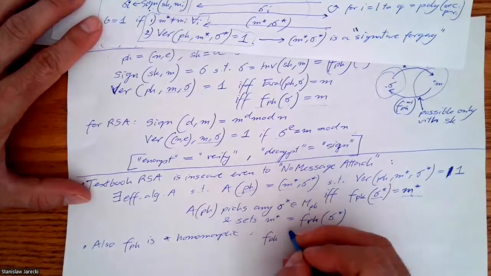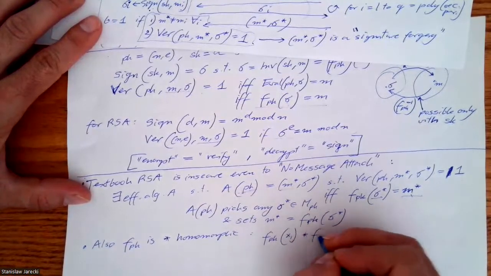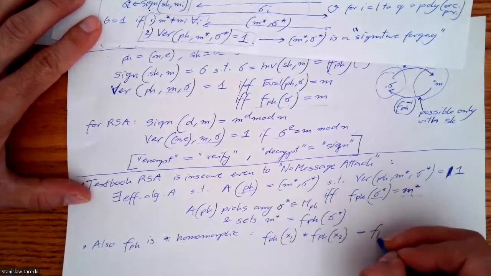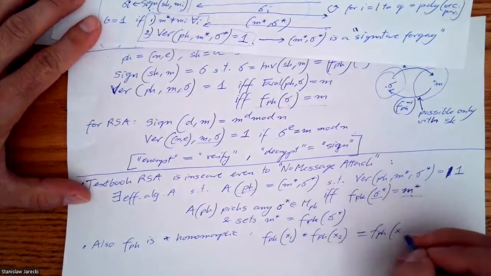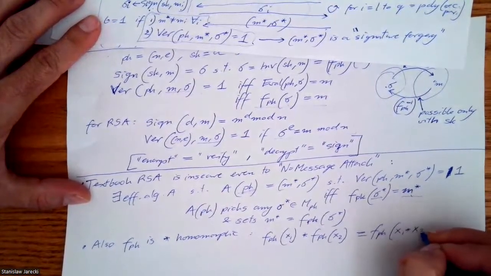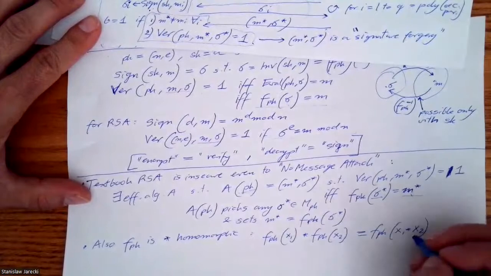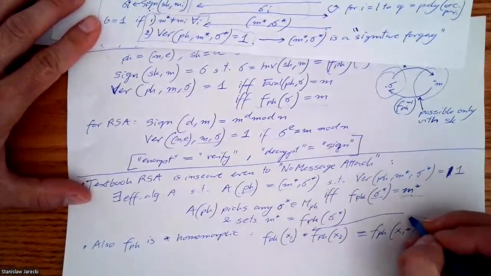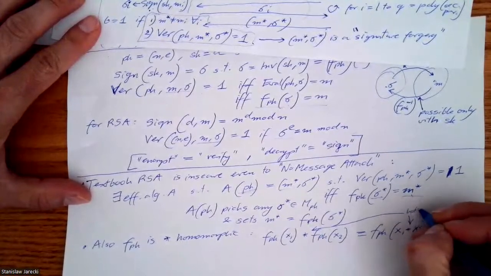If I multiply the values of this function on two elements, then I get the value of the function on the product, where all these operations are mod n.